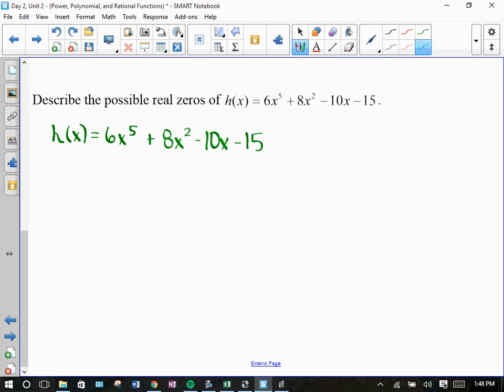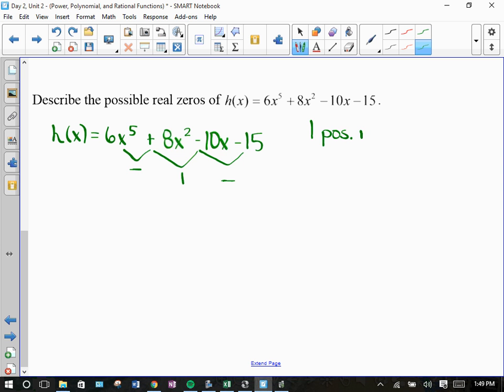It would say positive x. Yeah. So, between positive 6 and positive 8, is there a sign change? Between positive 8 and negative 10? Between negative 10 and negative 15? So that tells us that there are how many positive real zeros? 1.